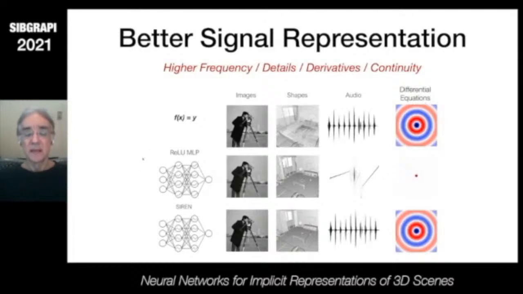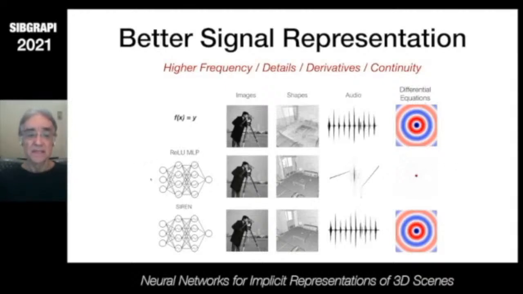It really gives another level of quality, because as we mentioned, it can represent higher frequencies with the details of the signal and formulate the different problems related to signal representations as a continuous function with all the derivatives that can be used in the solution to create different applications with the signal reconstruction.